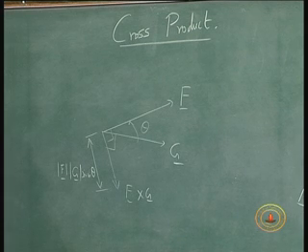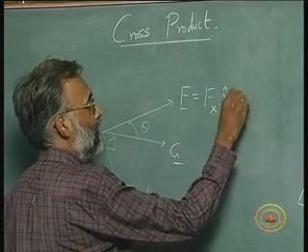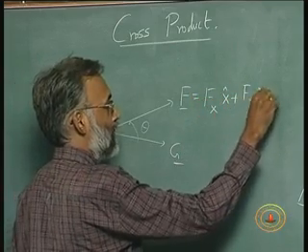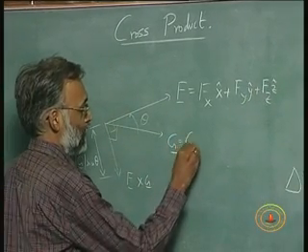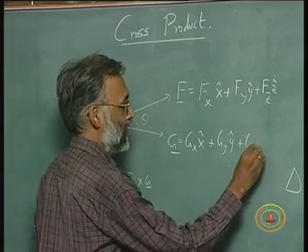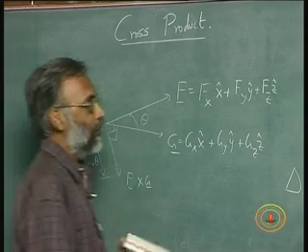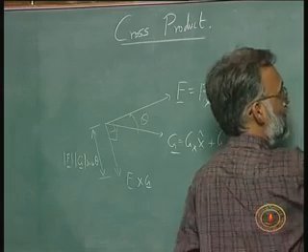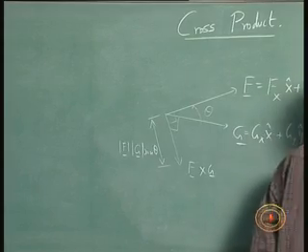Now, supposing I take these two vectors f and I say that this is f x x hat plus f y y hat plus f z z hat, and I say g is g x x hat, g y y hat, g z z hat. Now, it is not totally obvious that what we are going to do is going to work, but I think it should be taken on faith at this point.